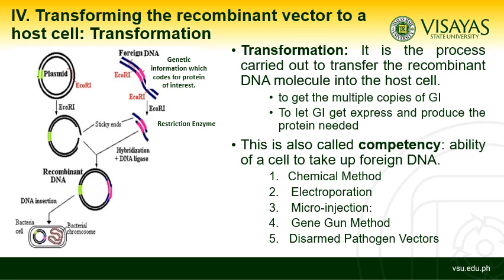Different strains may have different competencies. Some may take the new or foreign DNA, some may not be able to receive or include it in their system. That's why there are a lot of strains that possess different competencies.